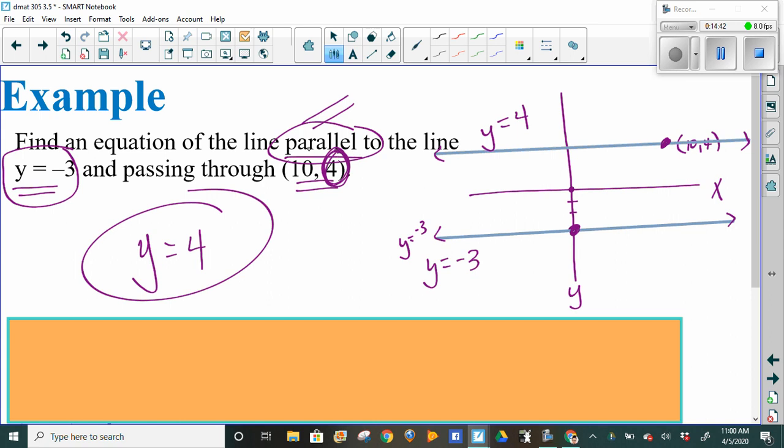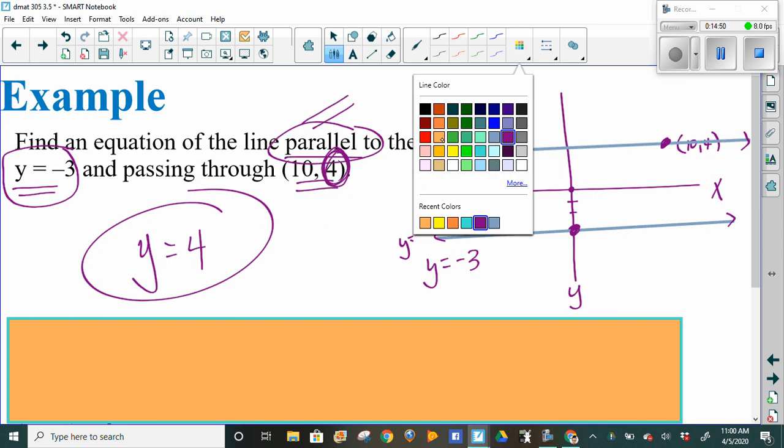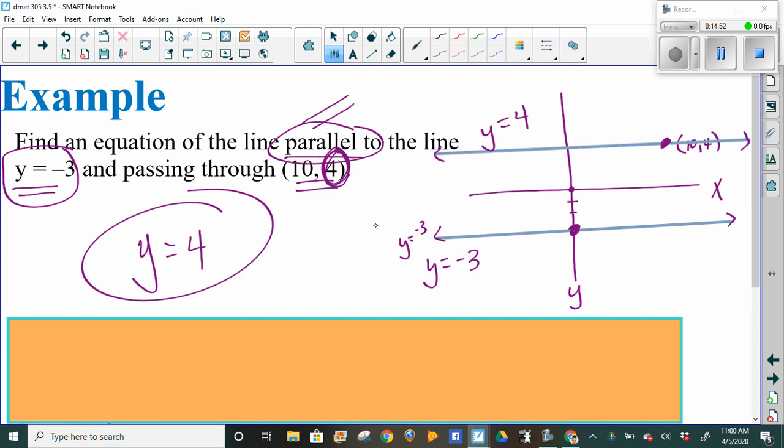If they had said to find an equation that is perpendicular, so let me talk about perpendicular for a second. If they wanted a perpendicular line, so if I have y equals -3, and then they want me to go through 10, 4, so I want a perpendicular line.